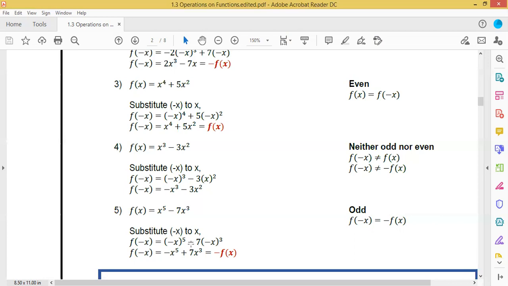You multiply it by negative 7, so negative 7 times negative x cubed. The answer is positive 7x cubed. If we compare our answer with the original function, x to the fifth, it's the opposite. Negative 7x cubed, it's also the opposite. Thus, this is the exact opposite of the given function. So this function is considered as odd.